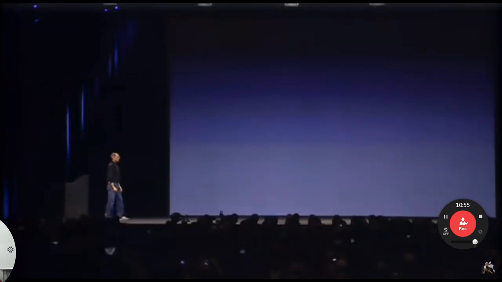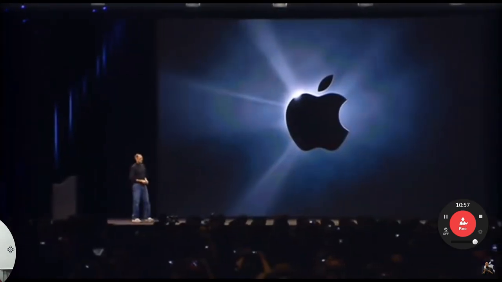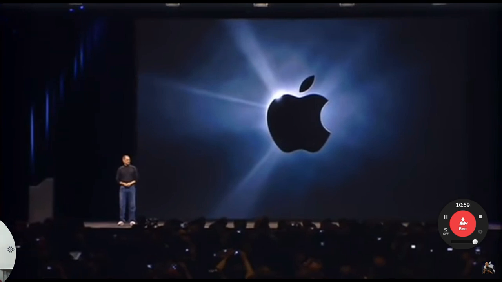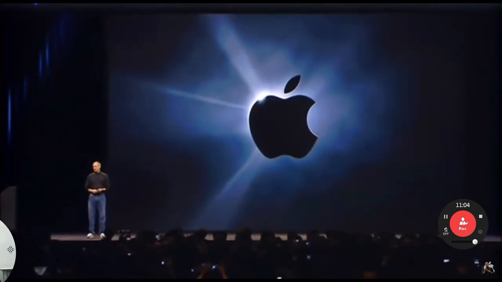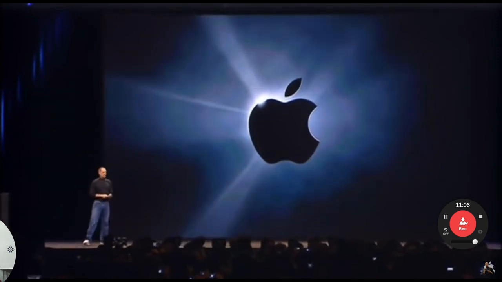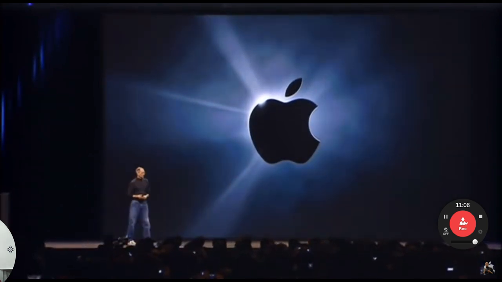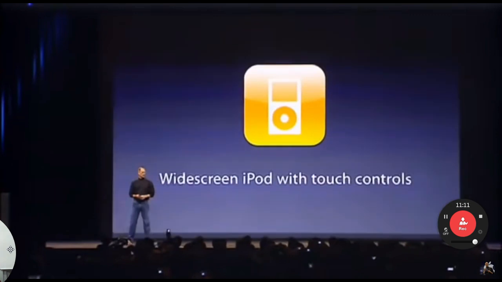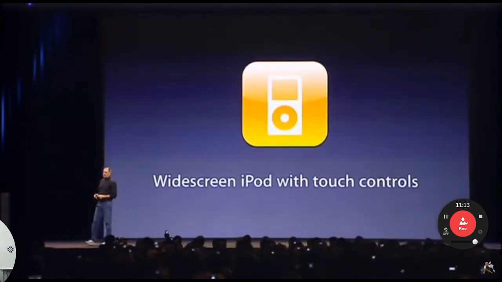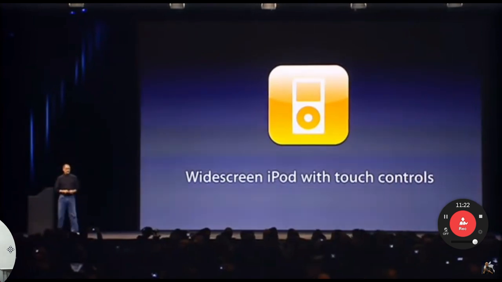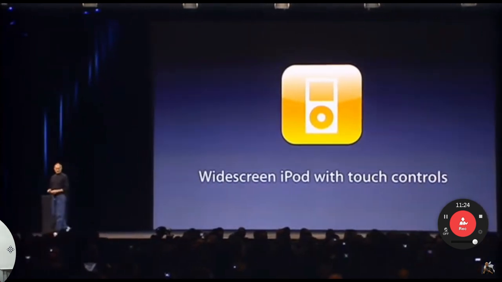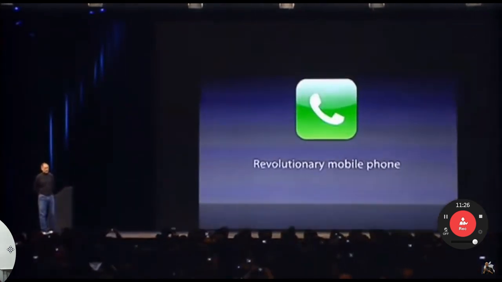Well, today, we're introducing three revolutionary products of this class. The first one is a widescreen iPod with touch controls. The second is a revolutionary mobile phone.